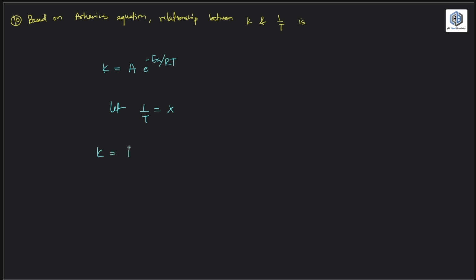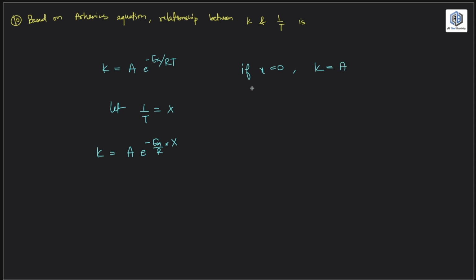So k will be equal to A e to the power minus Ea upon R into x. What will happen if x is equal to 0? At that time this whole thing will be e to the power 0, anything to the power 0 is 1, so only A will remain, so k will be equal to A.